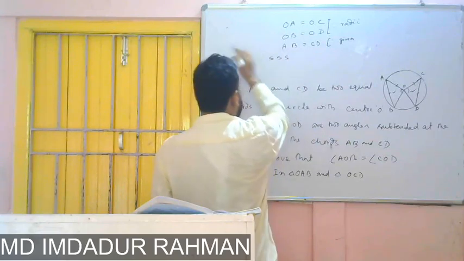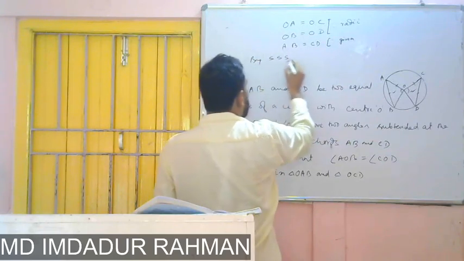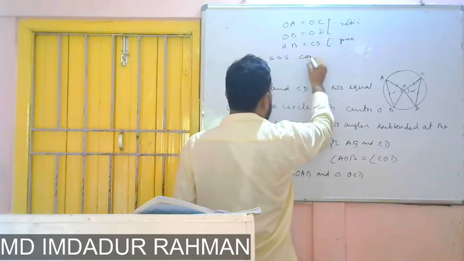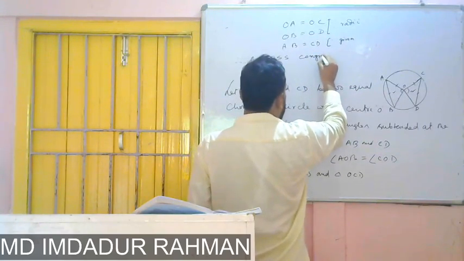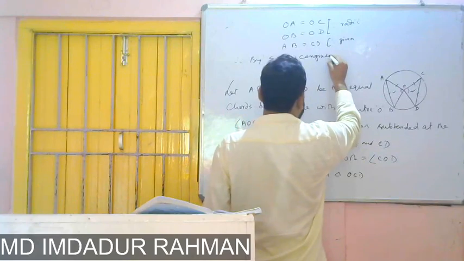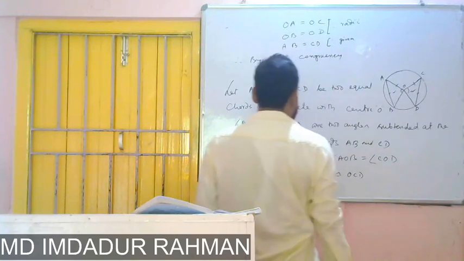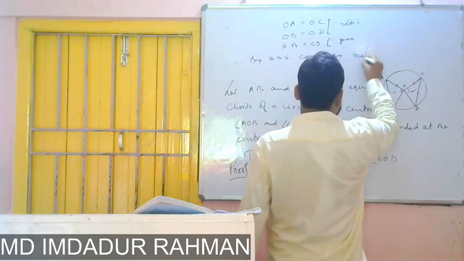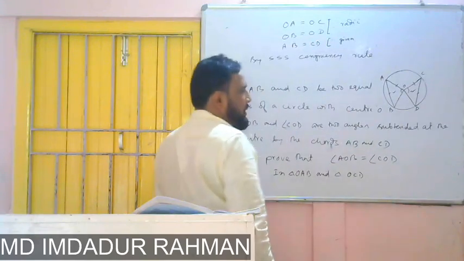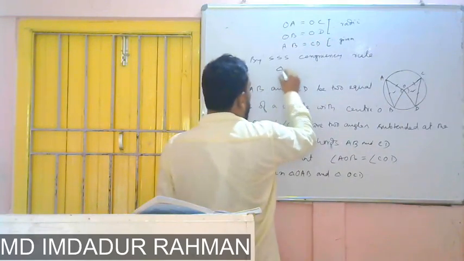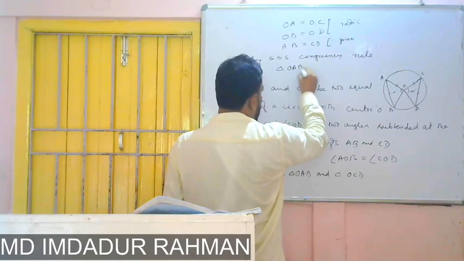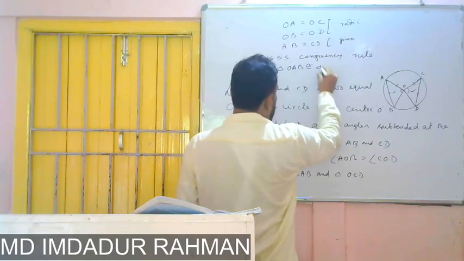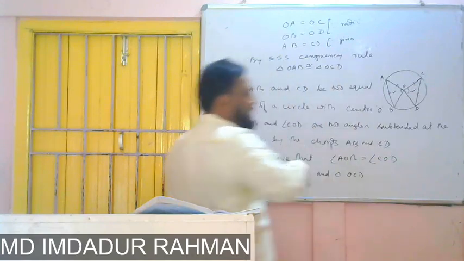Therefore, by SSS congruency rule, triangle OAB is congruent to triangle OCD.